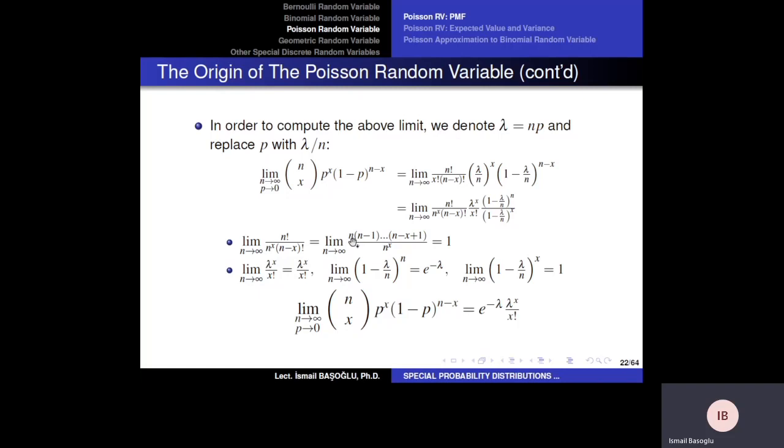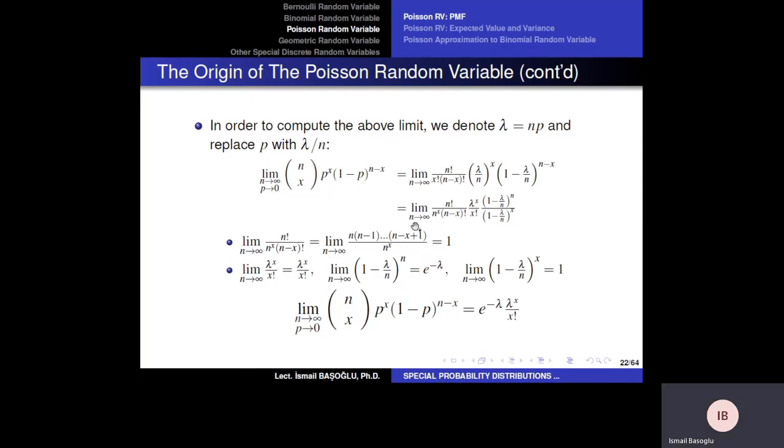Now, when n is very large with respect to x, there will be x terms multiplied in the numerator, which are very close to n, and we will have n to the power x in the denominator. So the numerator is also going to be very close to n to the power x. Therefore, as n goes to infinity, the limit of the first component is simply 1.